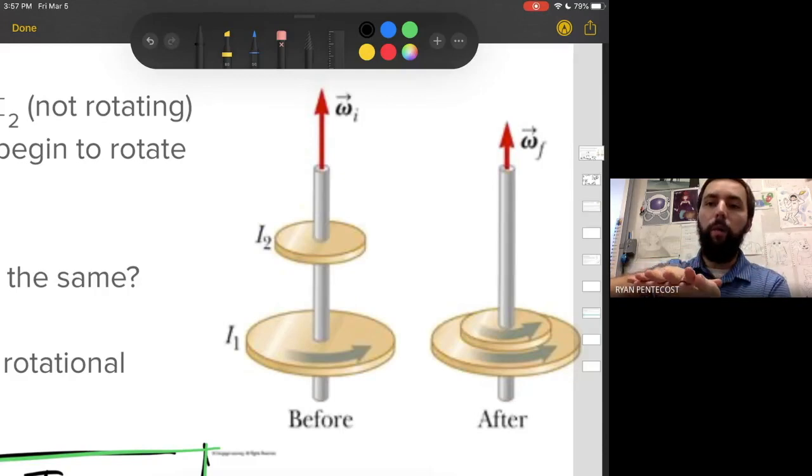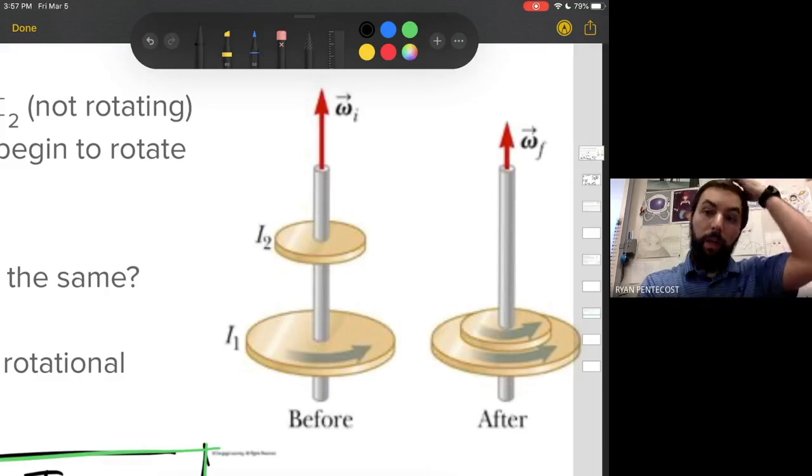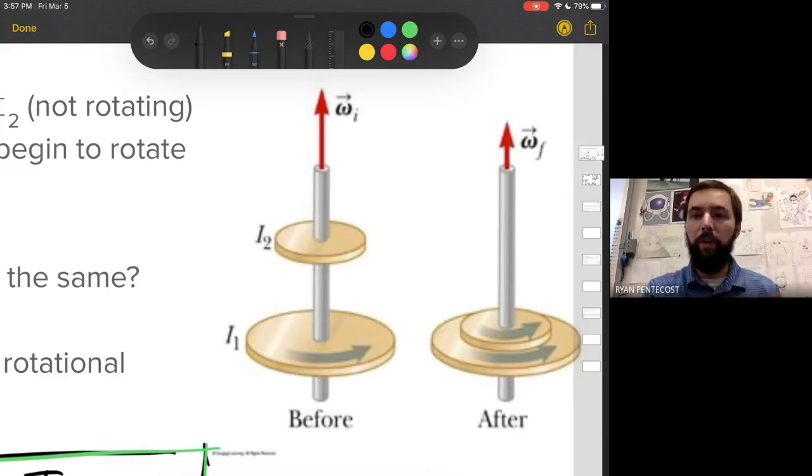There will be this moment in time where I1 and I2 are skidding across each other as I1 slows down and I2 speeds up until they both are moving at the same angular velocity, right? So until that time, there is friction, and that friction is taking away some of the energy of the system because it is a non-conservative force.